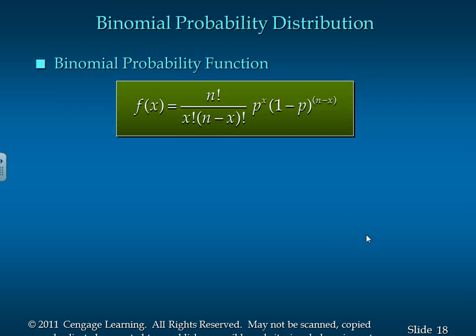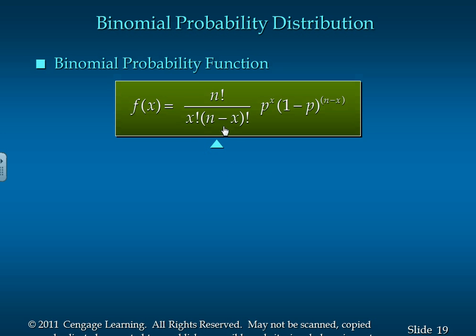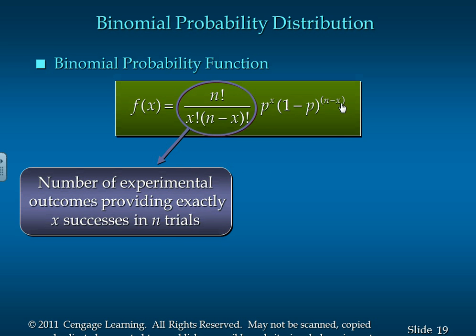And just what we wanted to see. So the probability function: n factorial, divided by x factorial times n minus x factorial, the probability p raised to the x power, 1 minus p raised to the n minus x. Now, that's going to be a very interesting number to put in there.